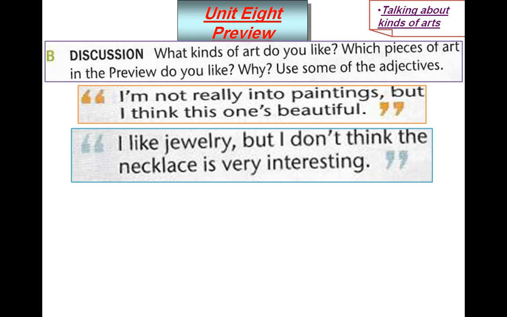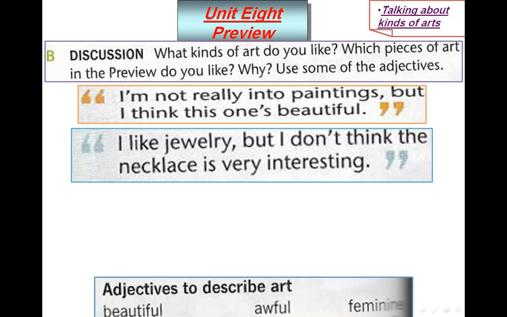So every one of you should write a sentence using I am not really into, which means I don't like, or I like, the opposite.